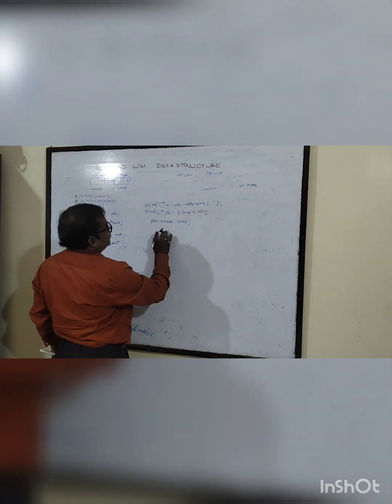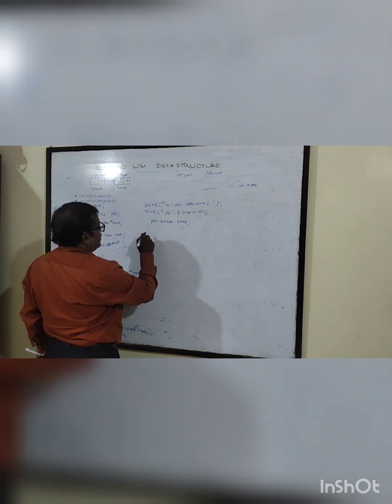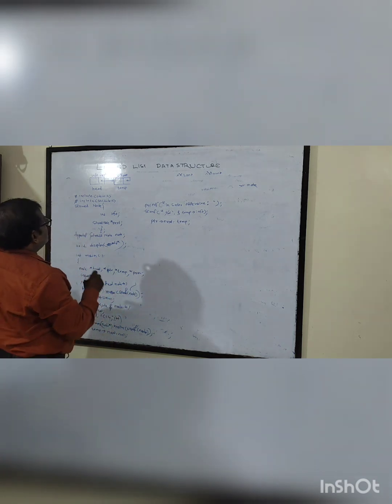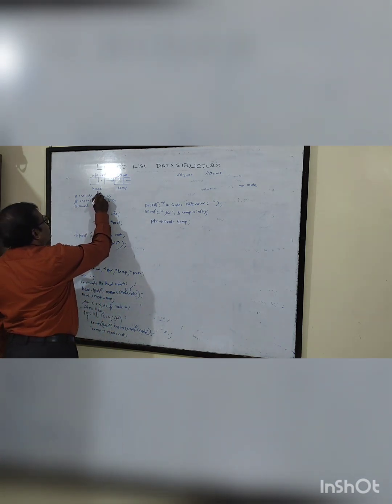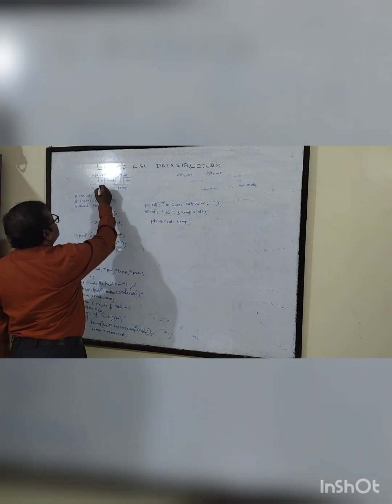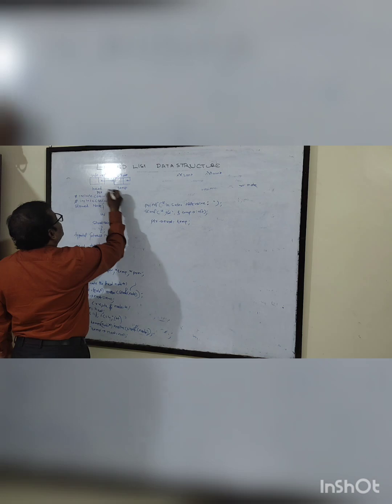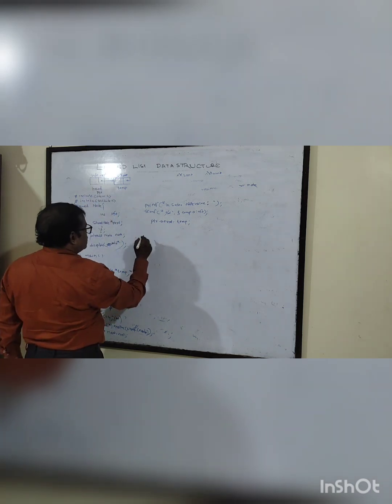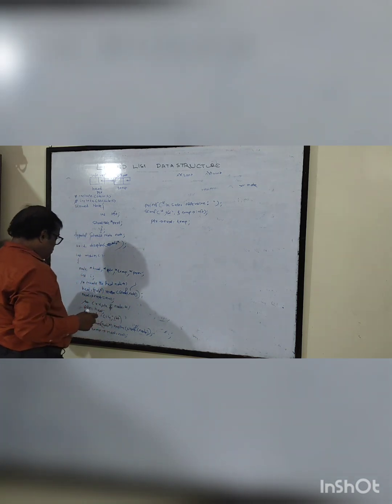So PTR of next equal to temp here, and increment, the loop will go on. Now what is the idea? We have put it as PTR here, and we assign the address of temp into the PTR of next here, and the process goes on.